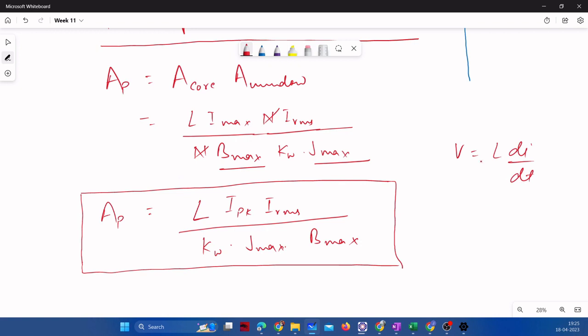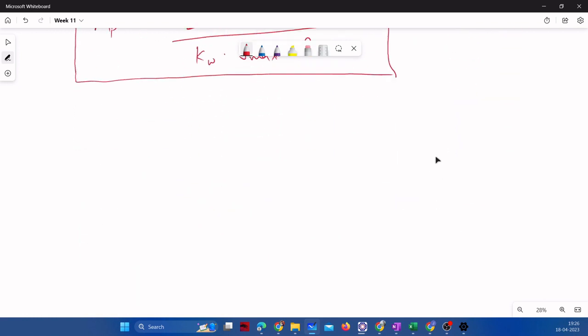The design equation of the inductor will have frequency. So the inductor is indirectly or inherently having the frequency component. If you have higher frequency, then you have lower inductance. Is it okay? Yes, sir.